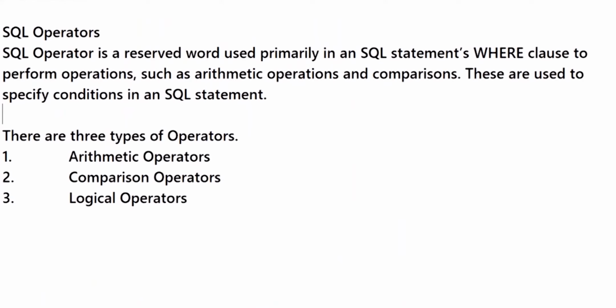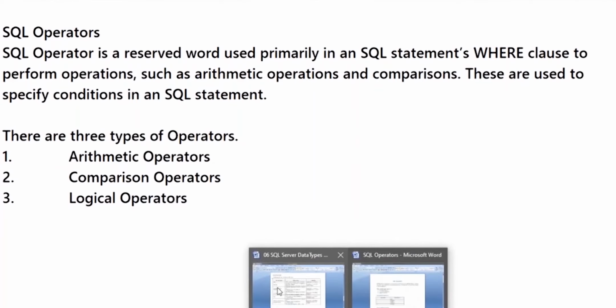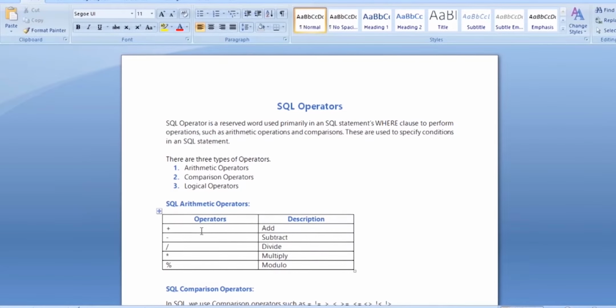Arithmetic operators are nothing but mathematical operators, like how we can add two columns and result into a single column, how we can add two numbers, and we can apply this plus symbol, addition symbol, in the select clause, adding two columns, or we can do some calculation in the select statement. We can use all the arithmetic operators: add, subtract, divide, multiply, and modulo operator. We learned these operators from our childhood, but how we can apply these operators in our select statement, we can see in the practical session.